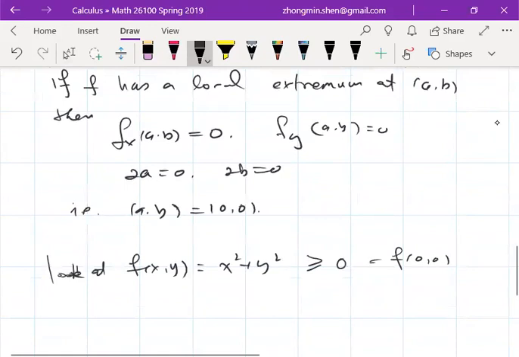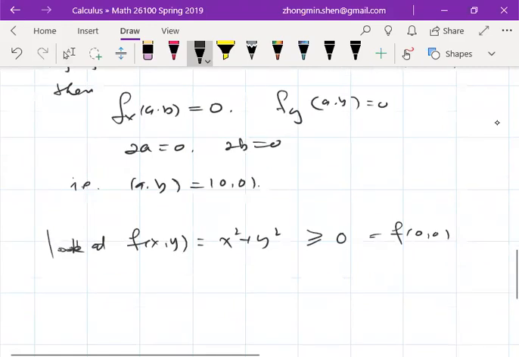That's obvious. So you don't need to use the theorem to find the local minimum or local maximum value, because if you look at this function, it's easy to see. For any x and y, the value of the function is greater than or equal to 0, and 0 is also the value of the function at the origin.